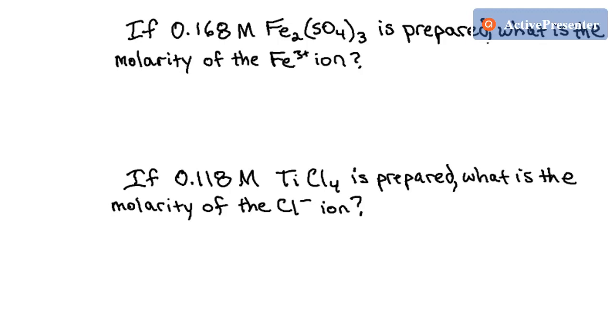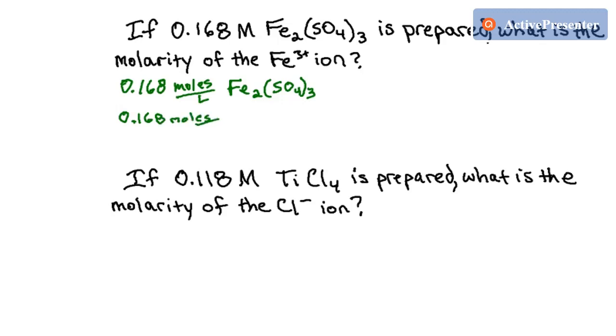So the thing is that if it's 0.168 moles per liter, because that's what molarity means, of the whole thing of Fe2(SO4)3, then that means there's going to be 0.168 moles per liter of iron and 0.168 moles per liter of the sulfate.